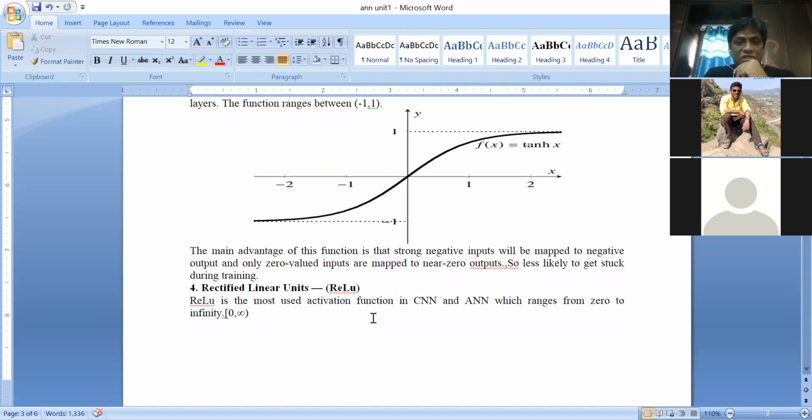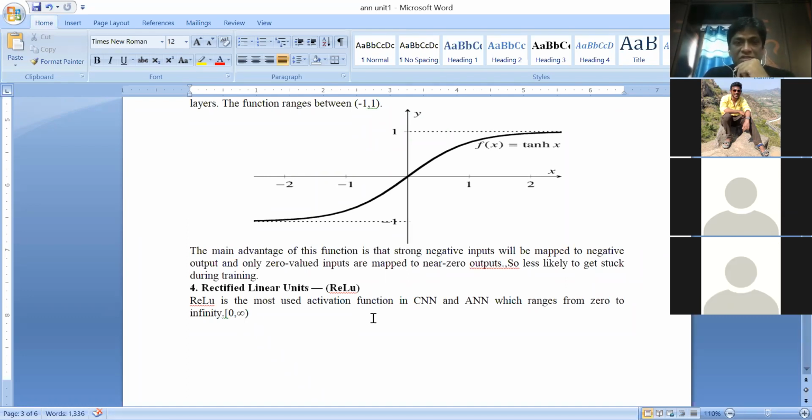The range of this rectified linear unit activation function is going to be 0 to infinity. So it increases the range further from 0 to positive infinity. So if you observe the order of the activation functions, binary step takes either 0 or 1. Sigmoid takes the range between 0 and 1.